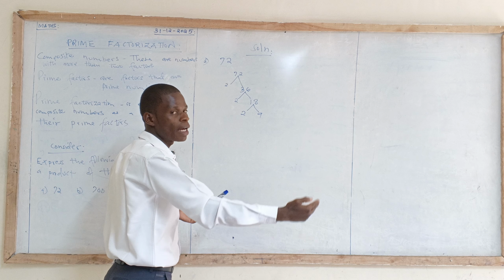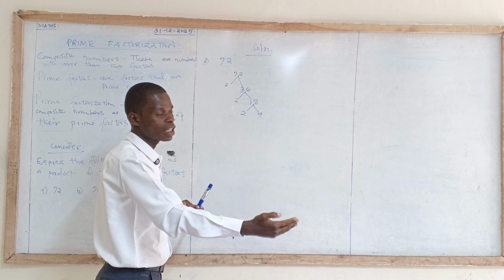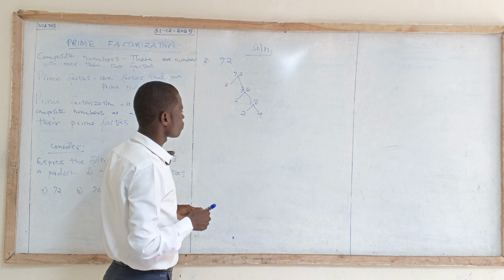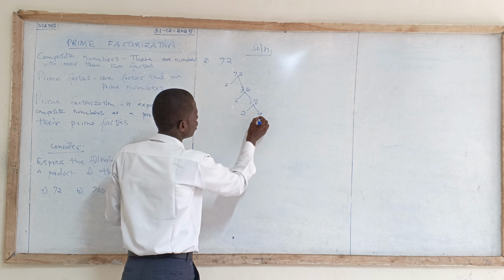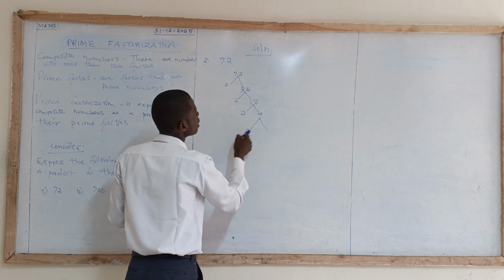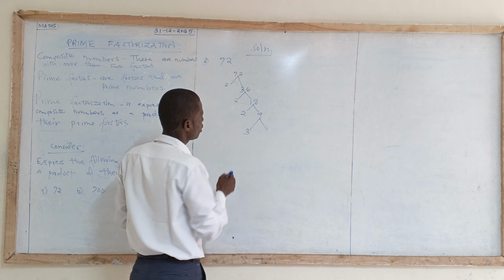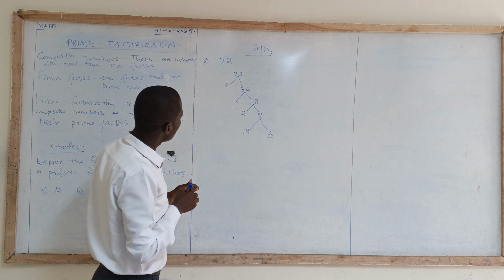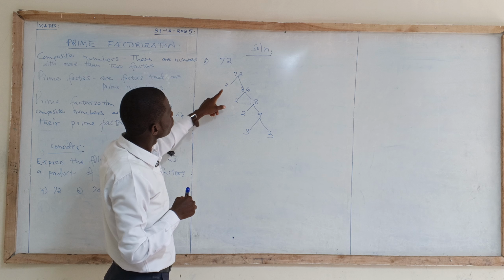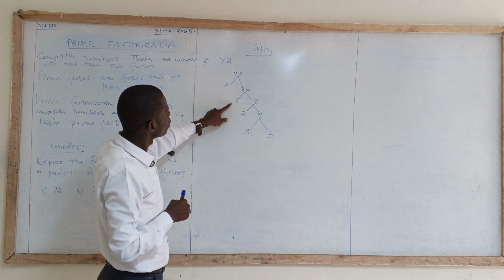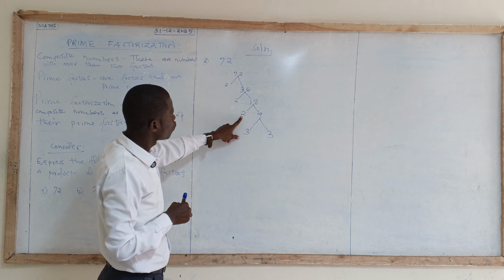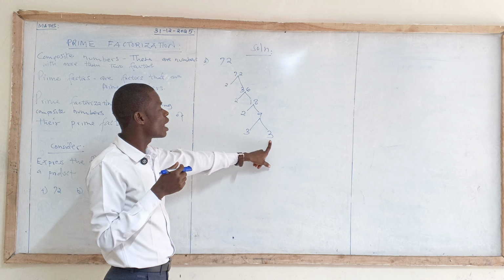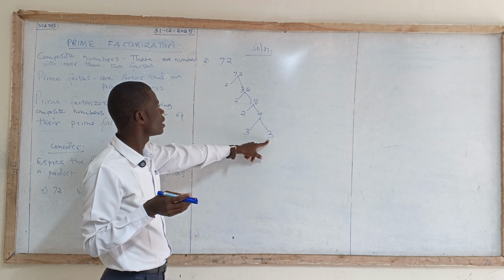You move to the next prime factor, which is 3. 3 divides 9 three times. So here we have 3, and 3 is a prime factor; there is no other number apart from 1 that you can divide it by.